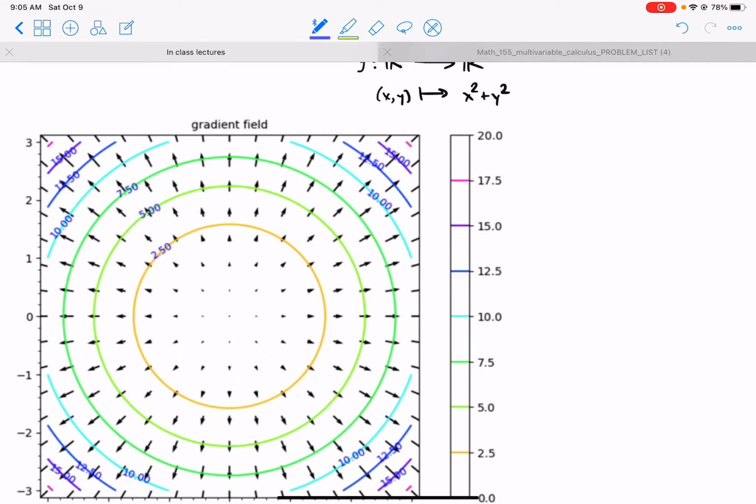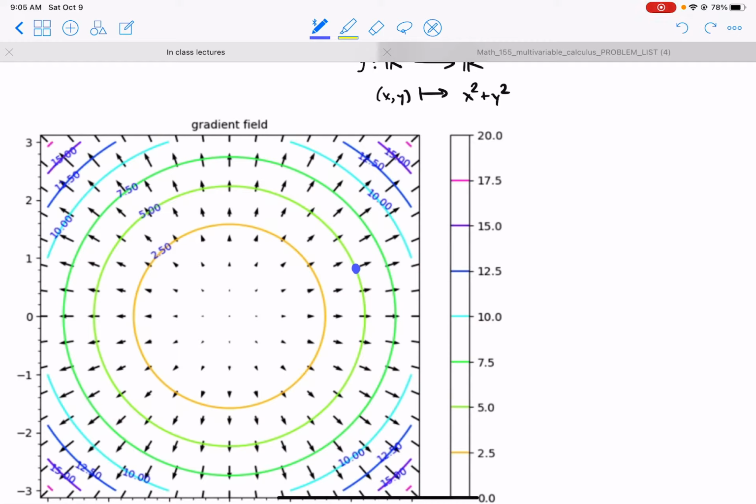If we're at this point here, then the gradient is this little vector here. They scaled it down. Really, it's something longer. And it's telling us that to increase the function's value, we should move in that direction. That's what the gradient tells us.